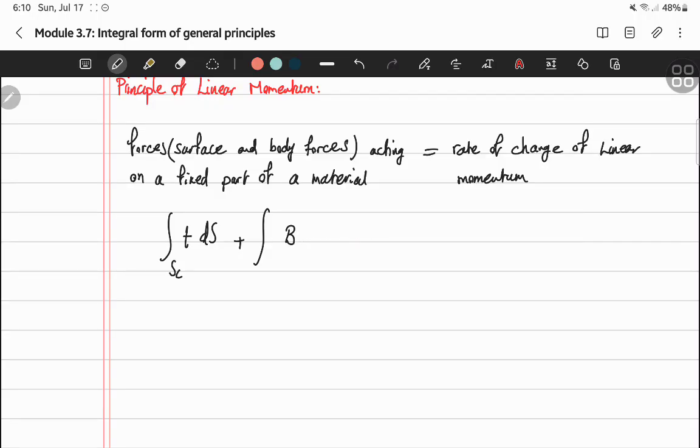So for this, we put a rho and dV in here on Vc, is equal to the rate of change of linear momentum. And linear momentum is mv, right? And since we have a fixed part of the material, then we have d(mv), or rho dV v. This is volume, this is velocity. Therefore, we will have rho small v dV on Vm.